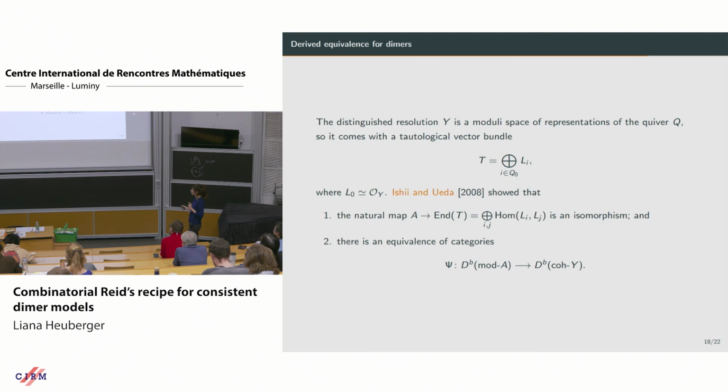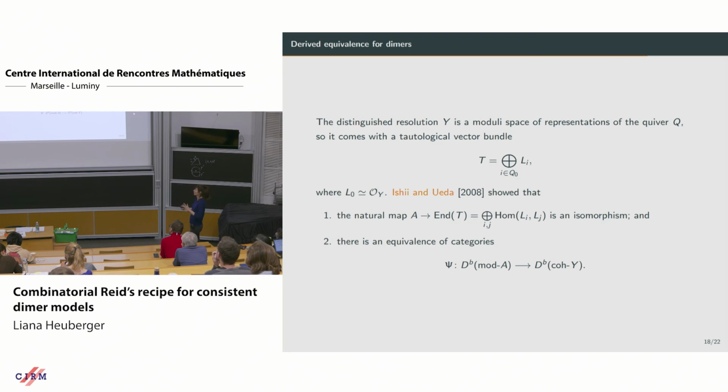Okay. Now there's this important result by Ishii and Ueda, who tell you that you can see any path in your quiver as a morphism between, well, these line bundles, which kind of makes sense because the line bundles represent the vertices of your quiver.